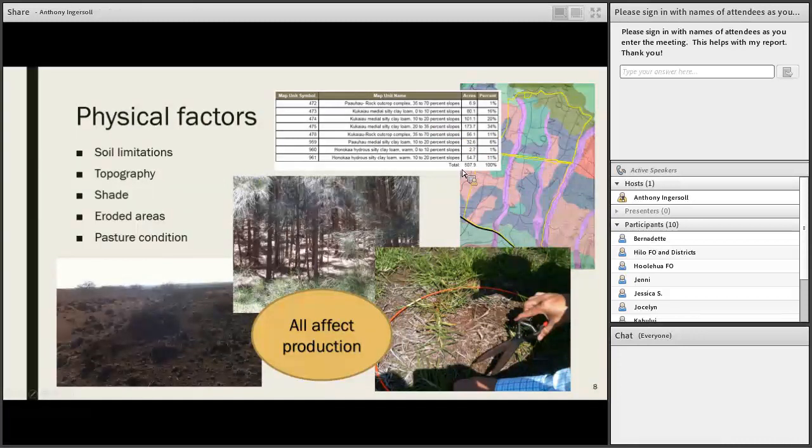Your topography matters, whether the site has a lot of heavily shaded areas. Whether you are working in an area with a lot of eroded areas, where you have sediment deposition and areas where topsoil has been completely removed, those are all physical factors that are going to affect production. And the state of the pasture, just the overall condition, should also be considered when you're looking at a site and thinking about its productive capabilities.